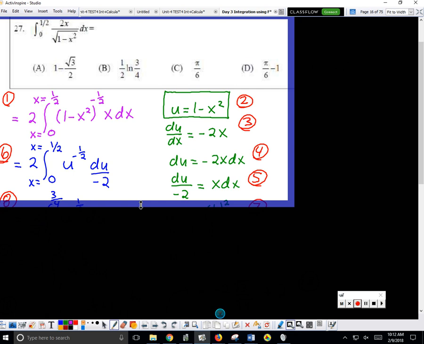So what you're doing is, the big step is find the antiderivative, have the antiderivative, plug in.